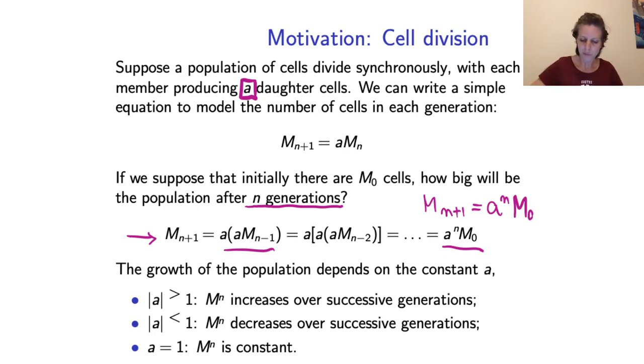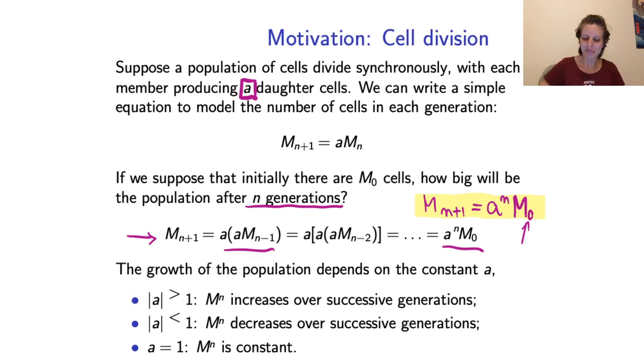So if we look at this equation, what can we say about the growth of the population? If A is bigger than 1, m n will increase over successive generations, which makes sense because m0 is some number bigger than 1, because a cell cannot be half a cell.